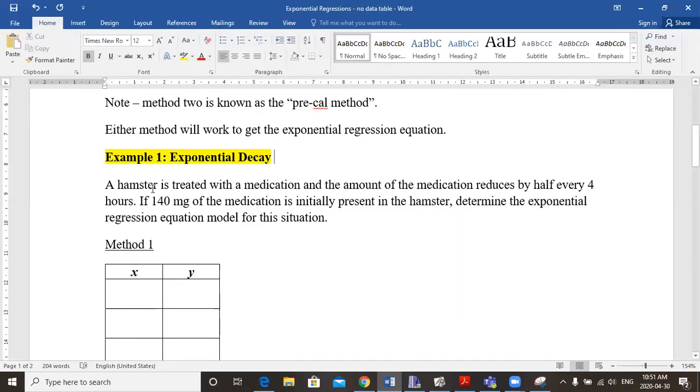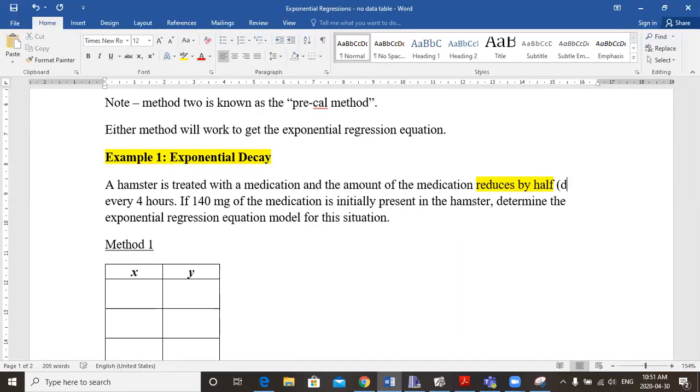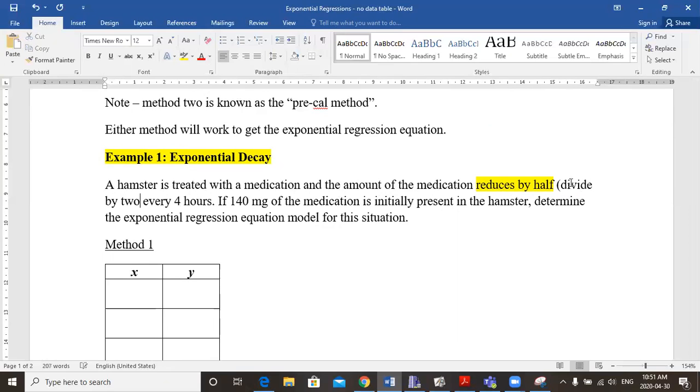Here's the scenario. A hamster is treated with medication, and the amount of medication reduces by half, which means you divide by 2. If it was reduced by 1/3, you would divide by 3.